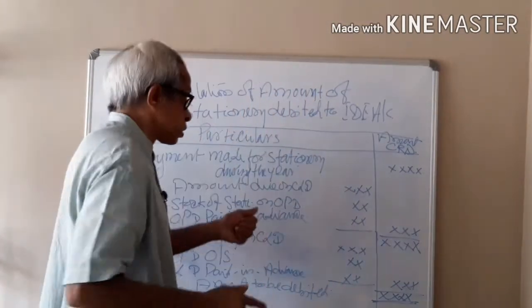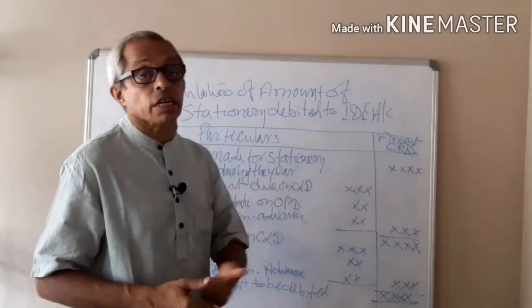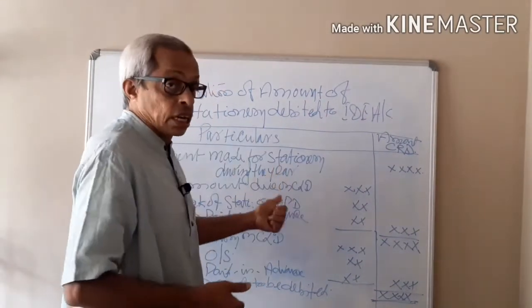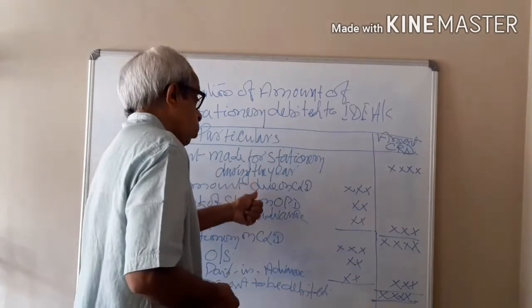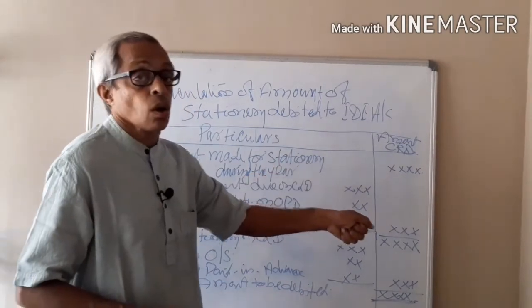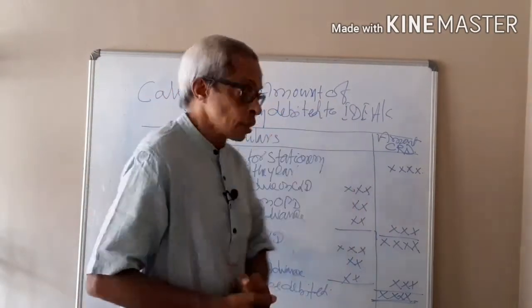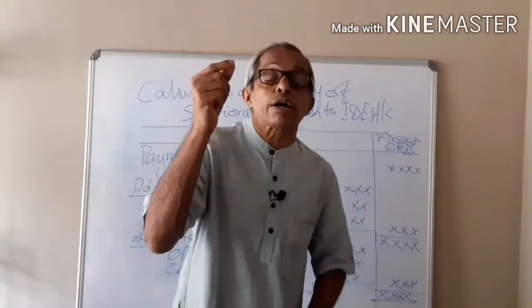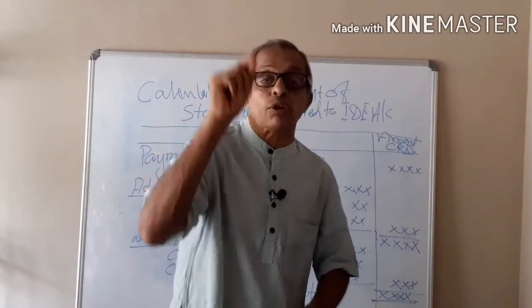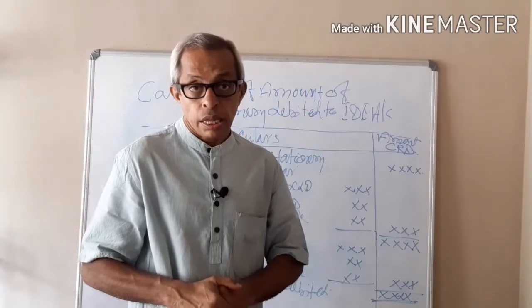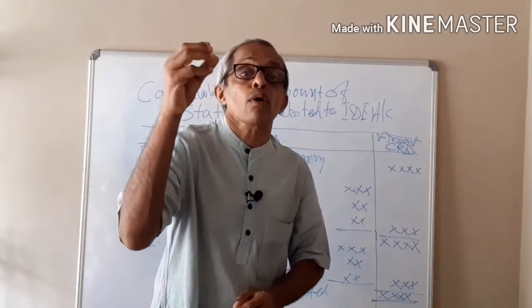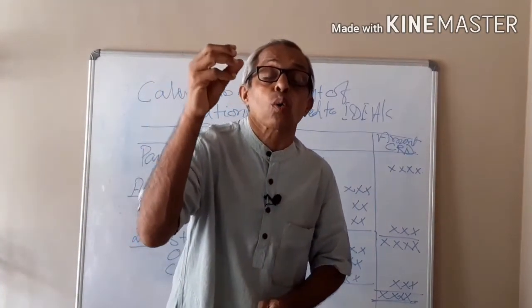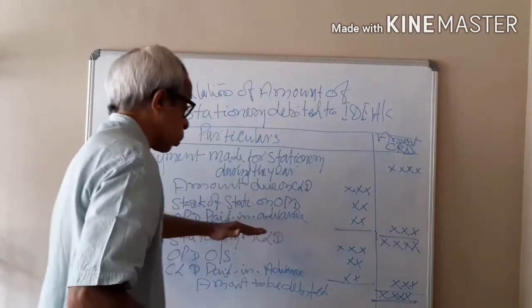So the first item is opening stock of stationery, the second item is the amount outstanding on the closing date, and the third item is stationery amount paid in advance, that is, the prepaid amount of stationery on the opening date, which may also be added.